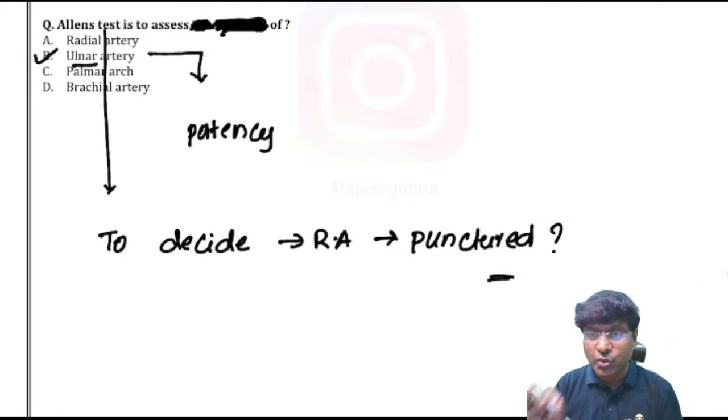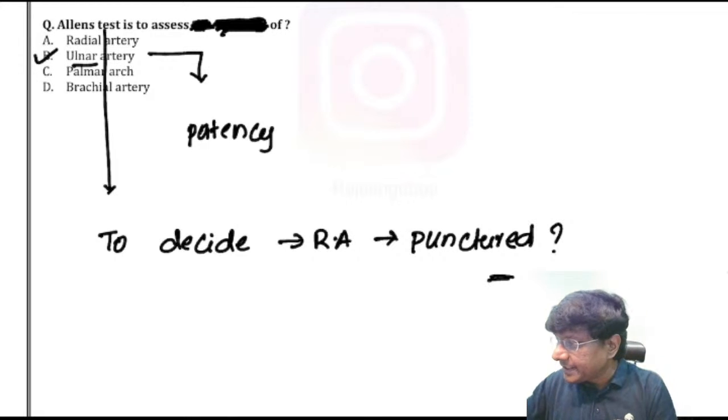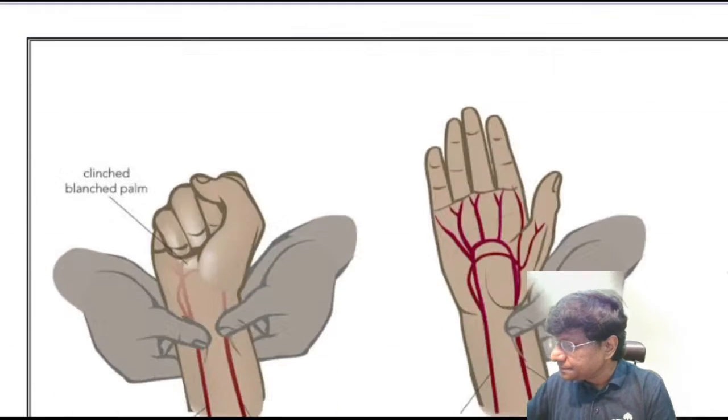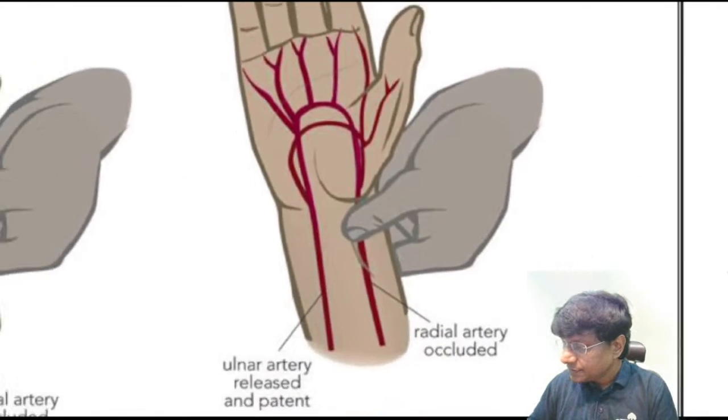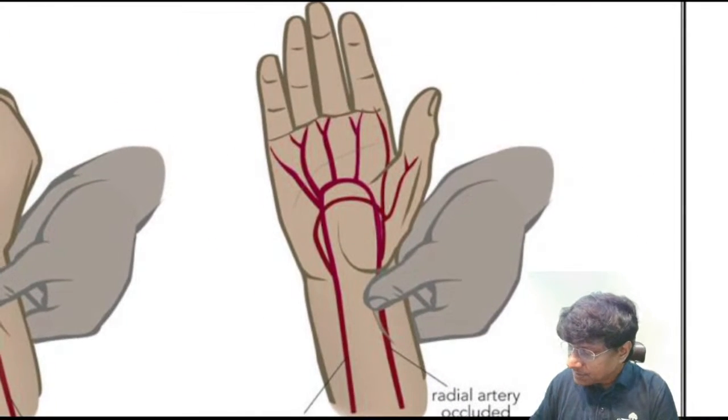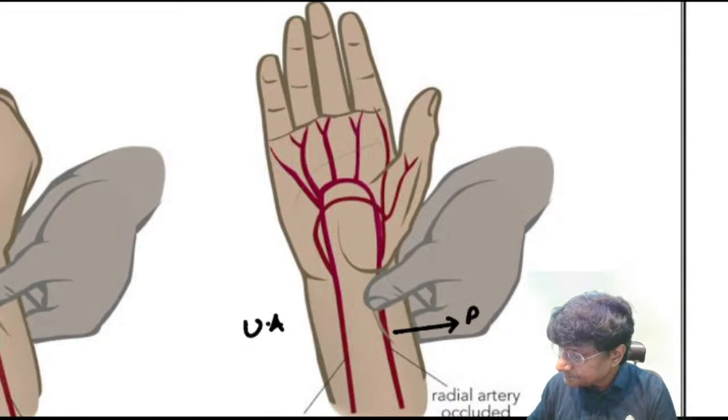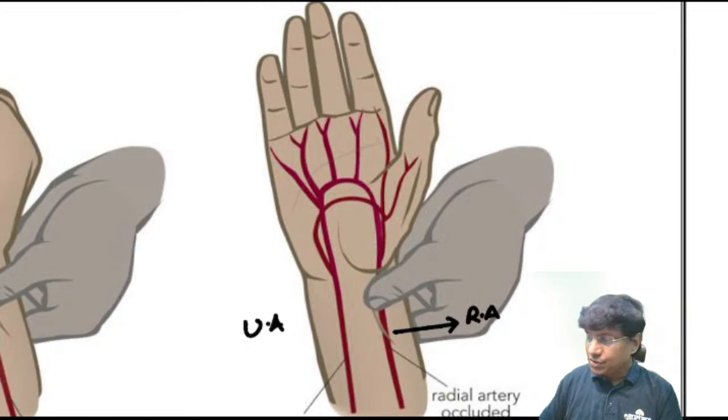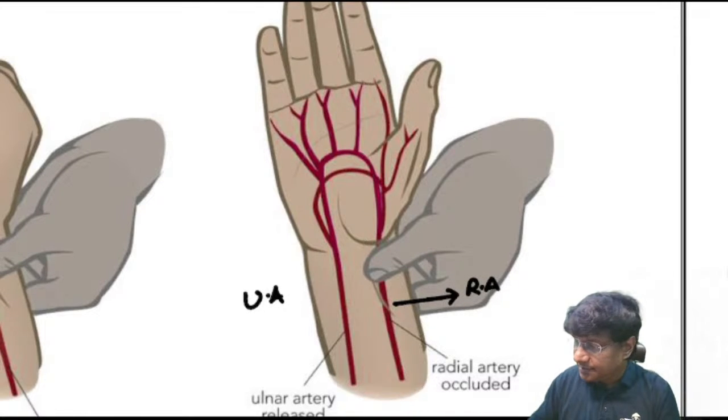Now, I'll just tell you quickly how we do the Allen's test. Before going ahead with it, you should know that this is your ulnar artery and this is the radial artery. They are connected by the palmar arch.